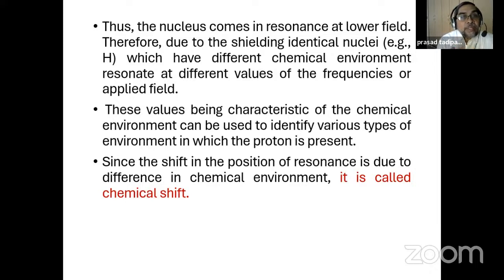Nuclei which have different chemical environments resonate at different values of frequency or applied field. These values are characteristic of the chemical environment and can be used to identify the various types of environment in which the proton is present.